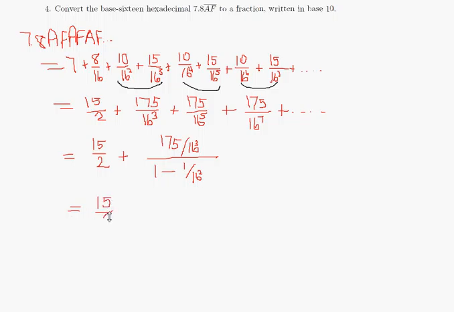So 15 halves plus 175 over 16 to the third times, if we combine this, the denominator here combines to be 16 squared over 16 squared minus 1, which is 255.